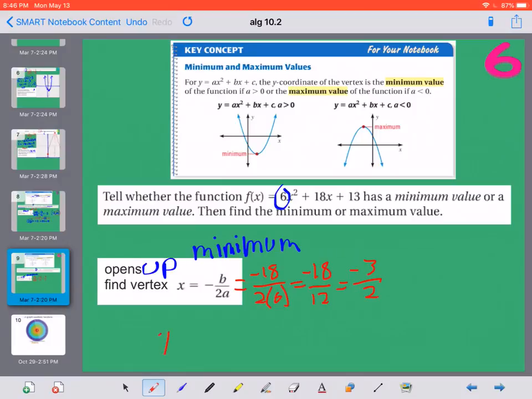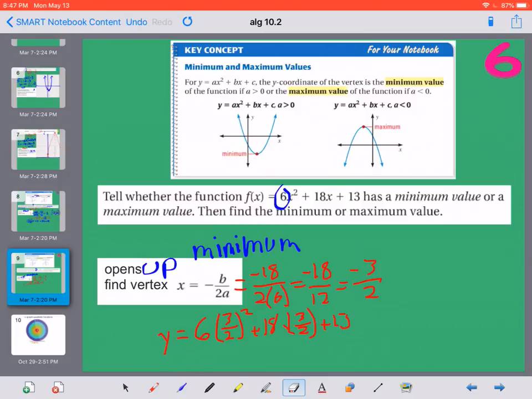Now if we put that back into the equation, we'll have 6 times 3 over 2 squared plus 18x, or 18 times 3 over 2, plus 13. Now 3 over 2 is actually just 1.5. So if I do 1.5 times 1.5, I get 2.25. I'm going to multiply that by 6.